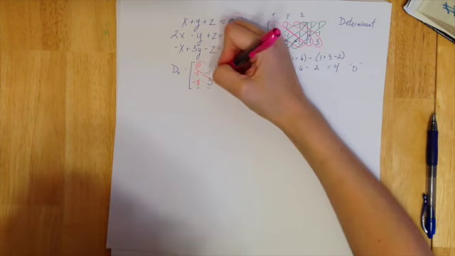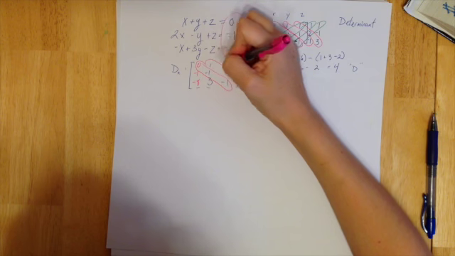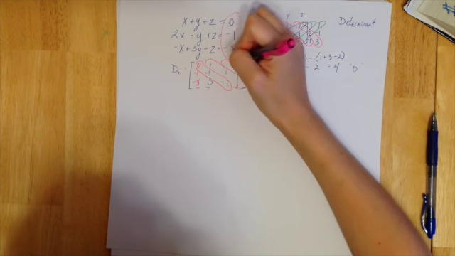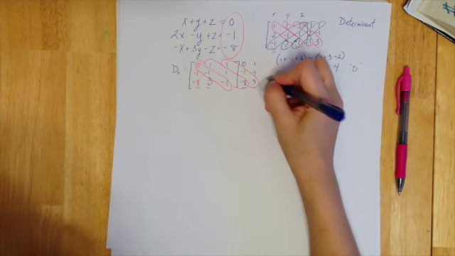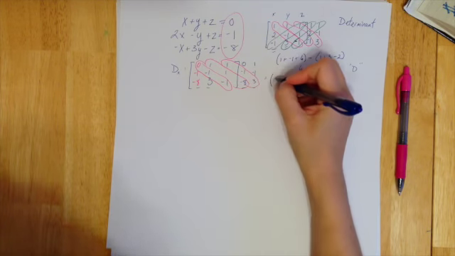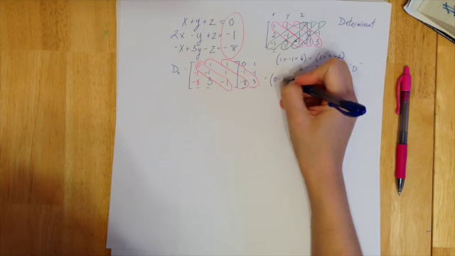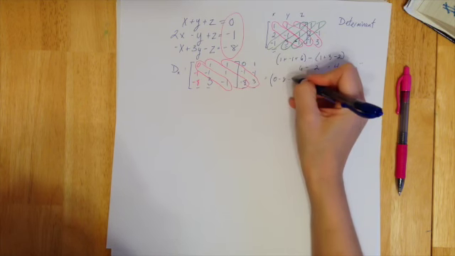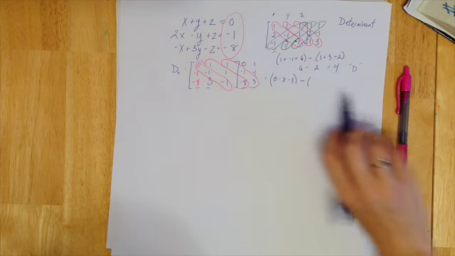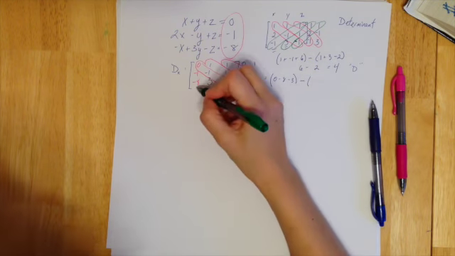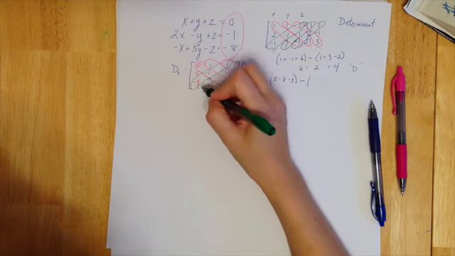Our ADs now have these 3 here, which give us 0 times anything is 0, minus 8, minus 3, minus our BCs are the other diagonal.